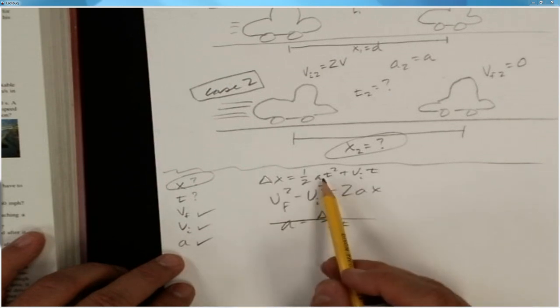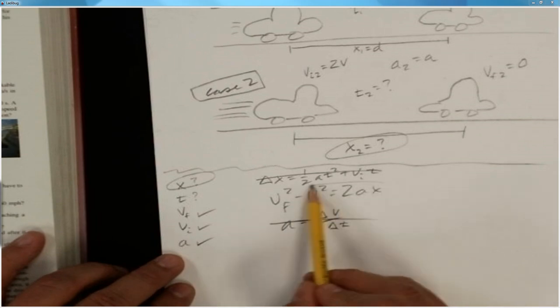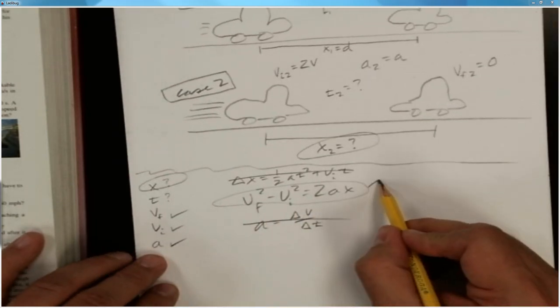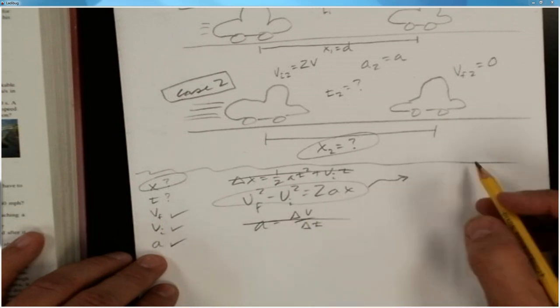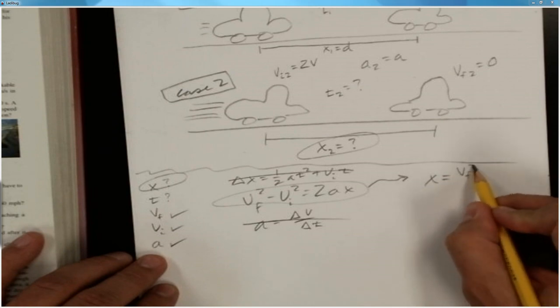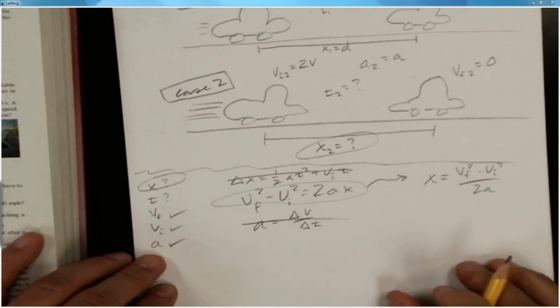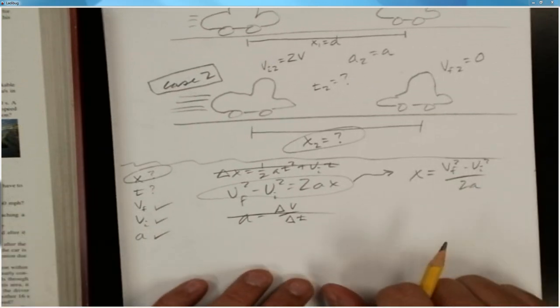I've got X here, but I don't know T, so that's of no use to me. Well, that makes life nice and easy. That is my baby. If I were to rearrange this, which I can do in my head by dividing both sides by 2a, then I'd get X is equal to VF squared minus VI squared over 2a. That's sweet. So now I have a relationship for X.